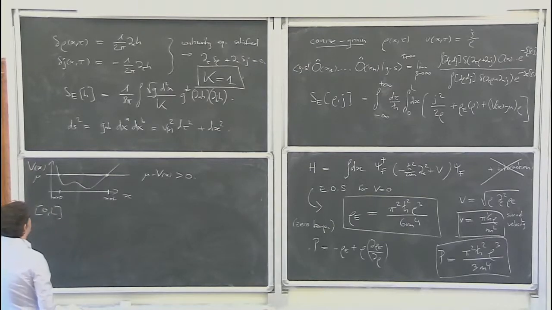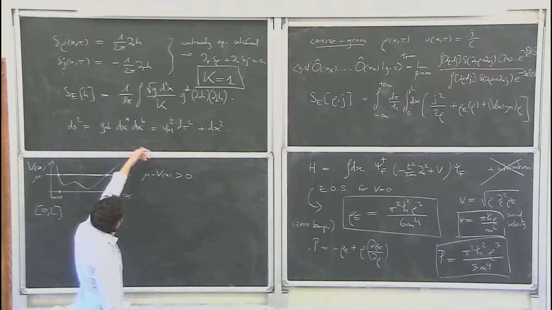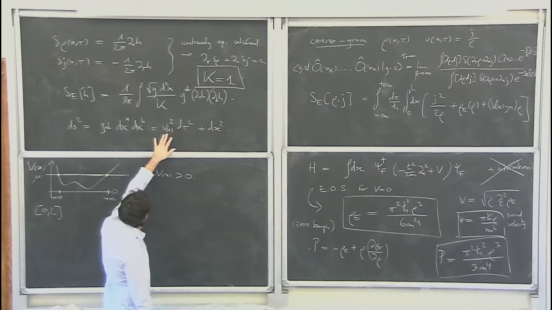So we now have an effective field theory, which is just a Gaussian free field at k equals 1, in this metric where the sound velocity enters.